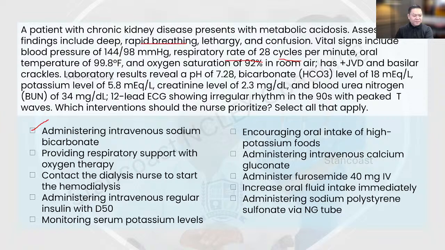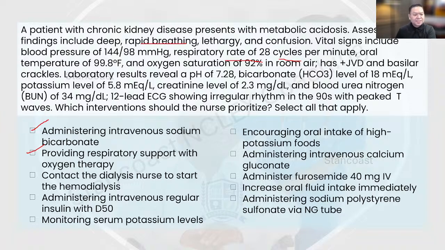Now, let's see if the second option is correct. Provide respiratory support with oxygen therapy. That is also correct. As we are basing on our assessment, our patient has a saturation of about 94% in room air. They are having Kussmaul respiration. Plus, we have assessed that they have some, did we see some crackles?